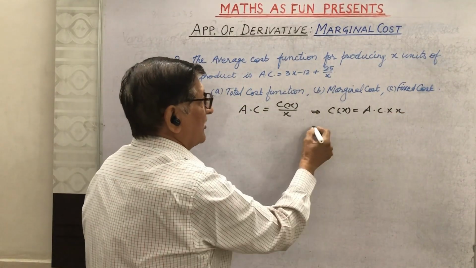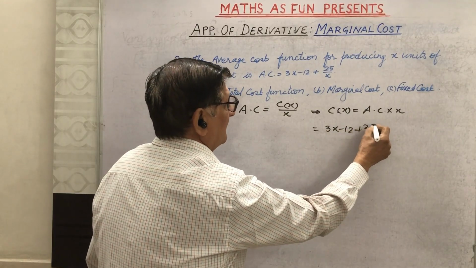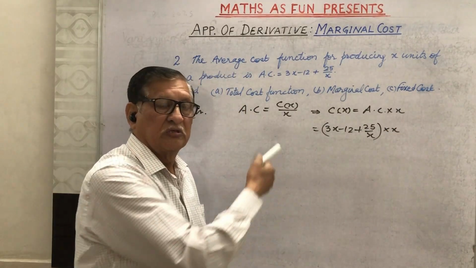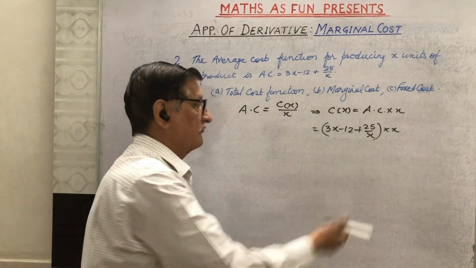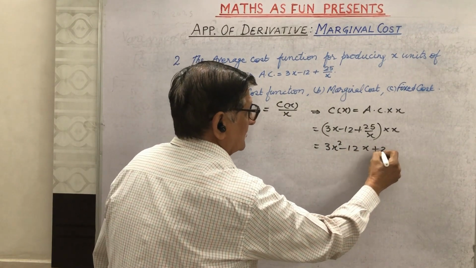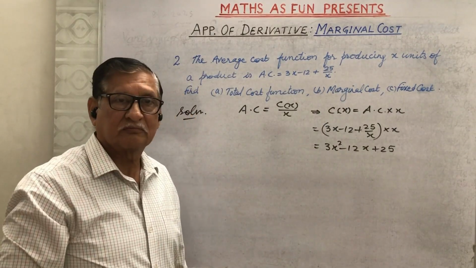Here we have been given average cost as 3x minus 12 plus 25 upon x. We multiply by x to find the value of C(x). After multiplying, we get 3x square minus 12x plus 25, and that is the total cost function.